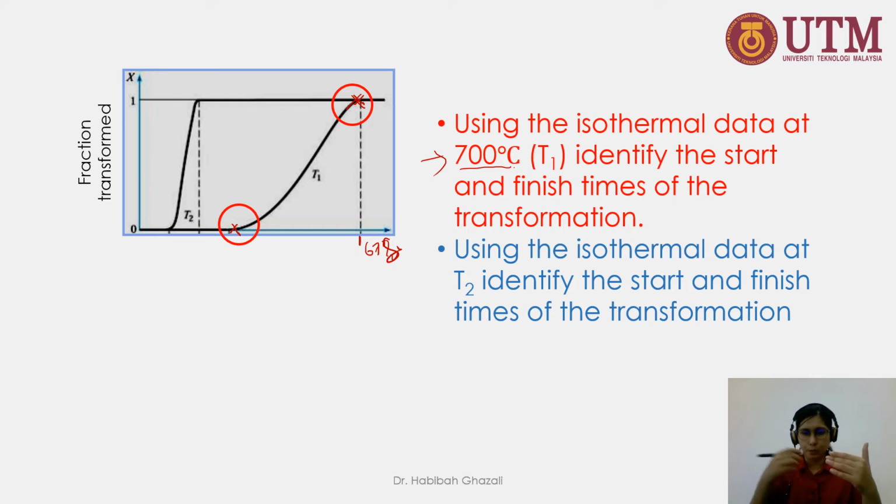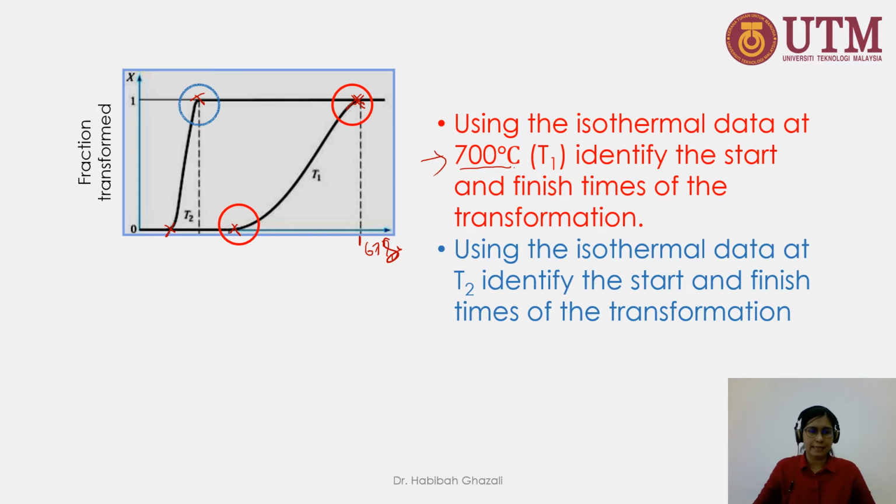They will observe again when the transformation begins and when it ends. It won't happen at the same time. For a lower temperature, the transformation will begin quicker than at the above temperature. So here, the transformation happens a few seconds earlier than the transformation at 700 degrees Celsius, and it will end earlier as well.